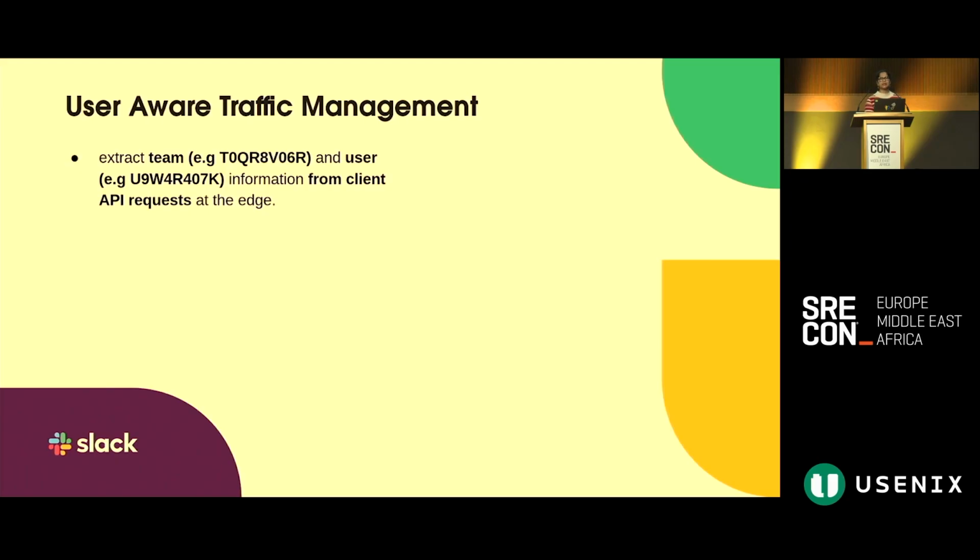So, bringing it back to what is user-aware traffic management, this is a system that solves some of the problems that I was just talking about in the previous slide. It does rudimentary authentication at the edge and extracts user information. You can see the example there. It extracts user information from the request and sends it back to the load balancer as response headers.